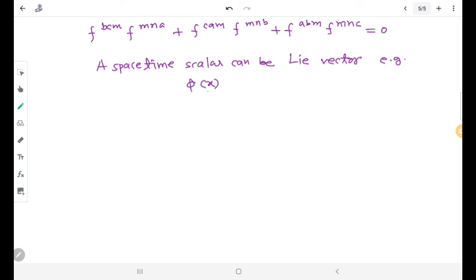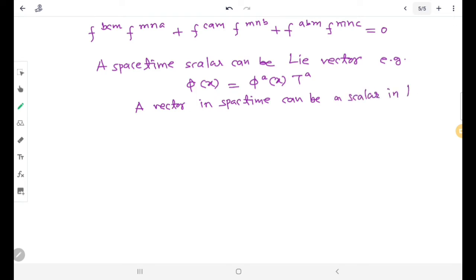In space-time it is a scalar because it has only one component, but in Lie space we can expand it as a vector, phi^A(x) T^A. So a scalar in space-time can be a vector in Lie space.